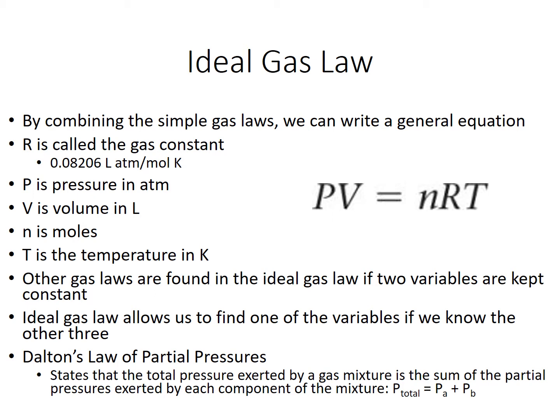So one example of this is the pressure that we're under right now is about 1 atmosphere, but we know that air is a mixture of many different gases. So most of it is nitrogen, then we have oxygen, and we have other minor gases like carbon dioxide or argon. So the sum of all of those pressures from those individual gases needs to equal the pressure total that I'm experiencing right now, which is roughly 1 atmosphere.